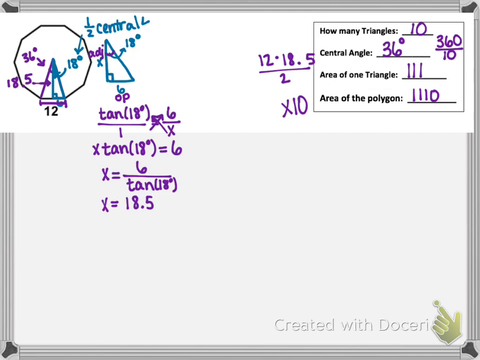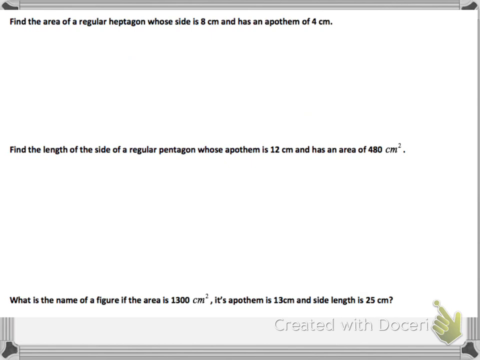Now when it comes to the word problems, we are not going to do these second ones. I might have mentioned it to your class, I might not have. There's another formula out there to find the area of a regular polygon, and it is 1/2 times the apothem times the perimeter. But I really don't think that by the time you get around to the ACT, you're going to be remembering what an apothem is.